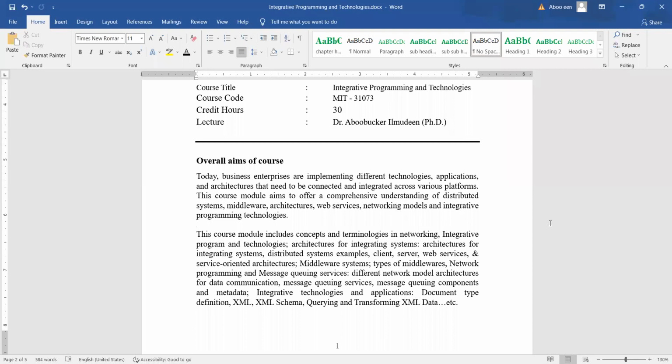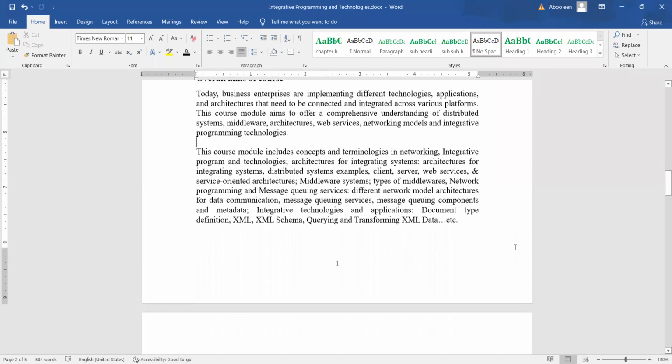Basically, this course module includes concepts and terminologies in networking, integrative programming and technologies, architectures for integrating systems, distributed system examples.